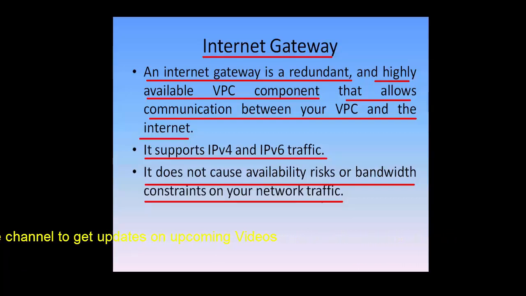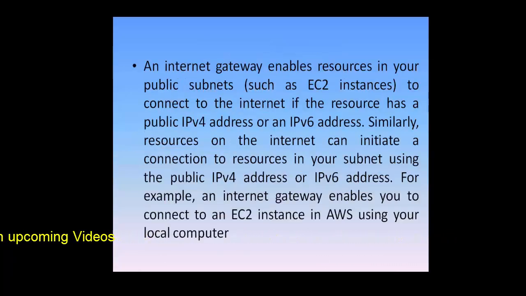So the internet gateway is the way to access whatever resources we are creating in AWS from the public network. I'm sitting at my office and my server is at AWS, any EC2 instance or any other resource we have created, to access it from the public internet.